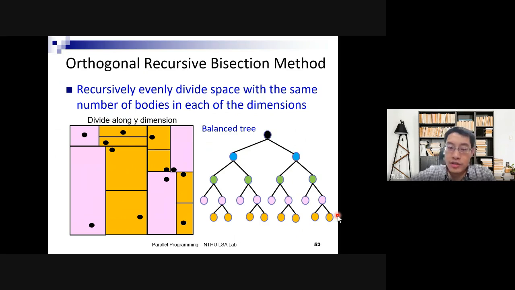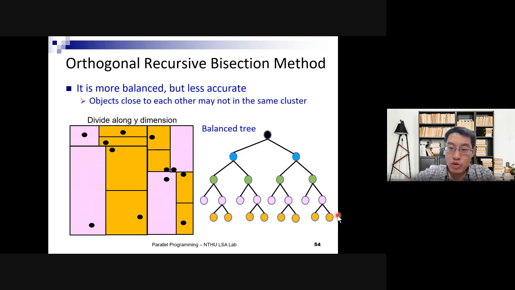However, this method usually produces less accurate results. You have better computing efficiency, but a less accurate result. You can easily see, as an example, those two dots are very close to each other. However, when partitioning the dots, it only considers the count of the dots, not the position of the dots themselves.